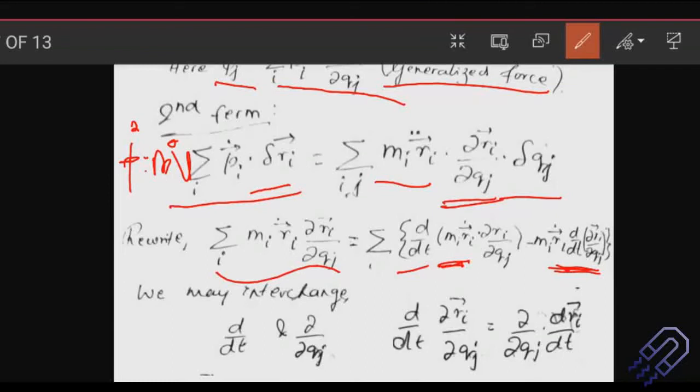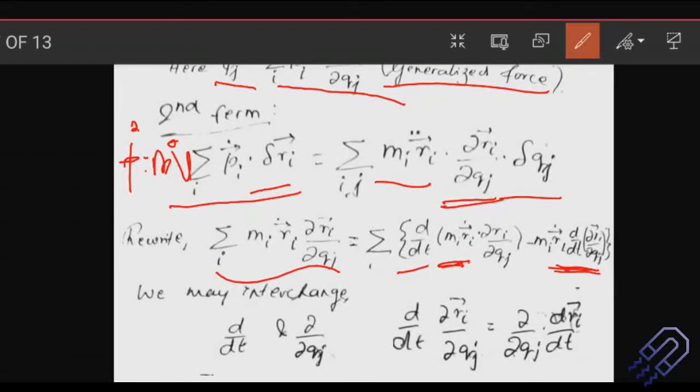And you might ask why I'm putting this in this way, because we don't want to change the position. Okay, it's basically a product of two vector components. So we are not interchanging the position. Okay, so what we have here is d/dt of ri dot and d/dt of ∂ri/∂qj. So if you do that, we get this relation. You can do it on your own also.